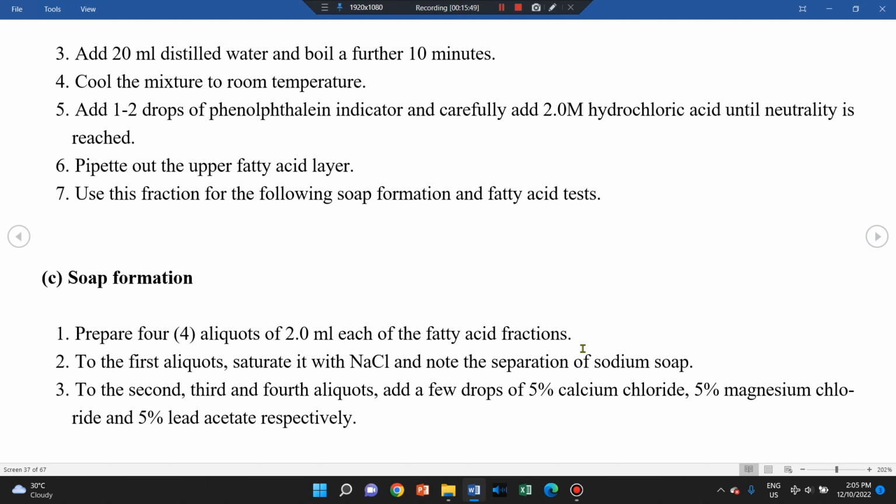After that, it says here cool the mixture to room temperature. How to go about cooling is by running tap water. You can cool it faster by running tap water. Make sure you don't put the tap water into the boiling tube, otherwise it will be spoiled.